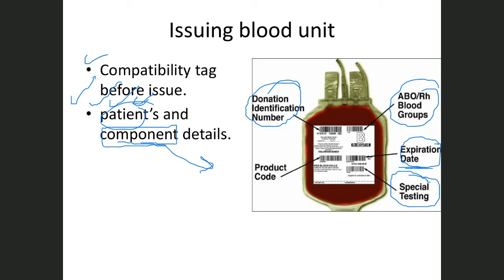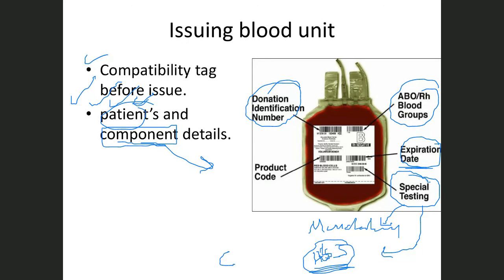Also, if there are special tests. Some tests are mandatory, like checking for different kinds of viruses, for example syphilis or whatever. However, there are some special tests. For example, it can do hemoglobin S testing, which is not mandatory.